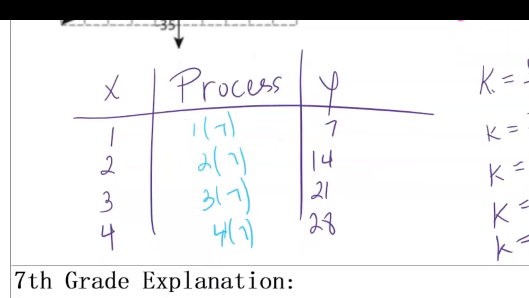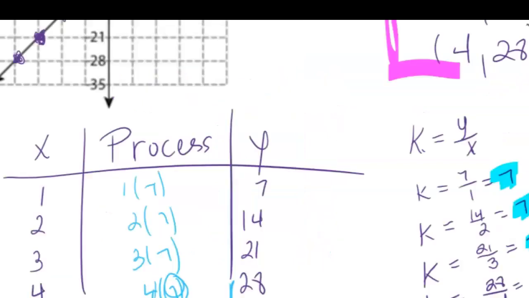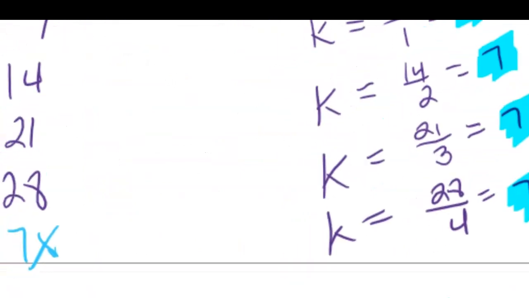So again, if this was an x, what do? Bring it over. Times what? Our 7, because we always have to make sure to bring it back down, right? So then what is our y? 7x. Okay? And so our rule will be pretty simple compared to the last one.